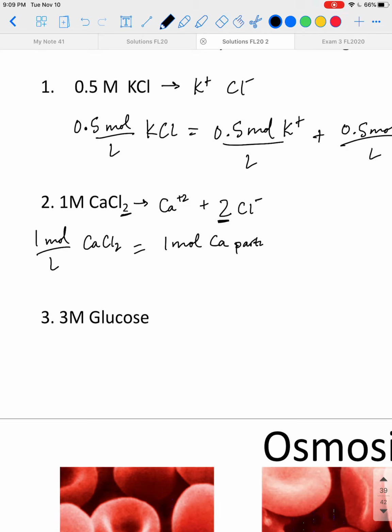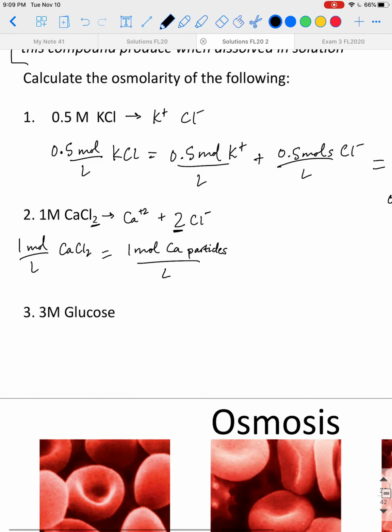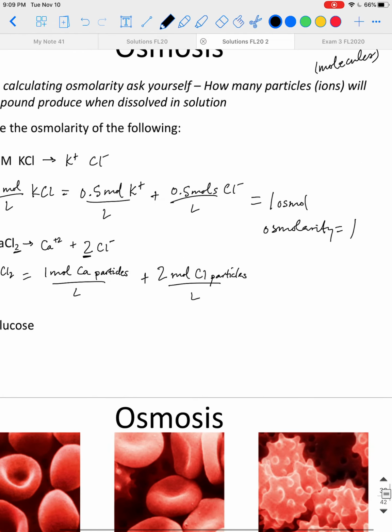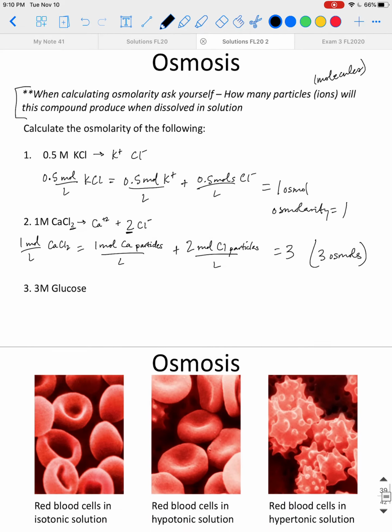So that's going to be equal to 1 mole of calcium particles per liter, because you actually don't care what the charge is here. Now on equivalence, you absolutely care what the charge is, but on osmolarity, you don't. Plus, we would have 2 moles of chloride particles per liter. And so now we're just going to add that up. Total, the osmolarity would be 3, or it would be 3 osmoles.